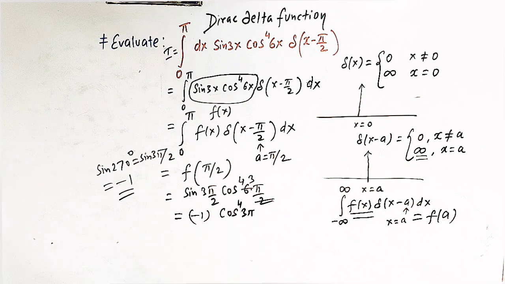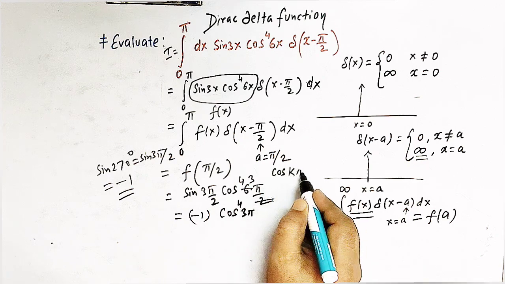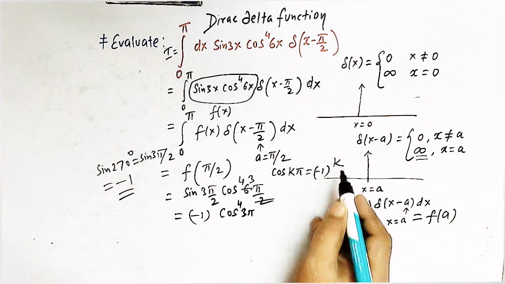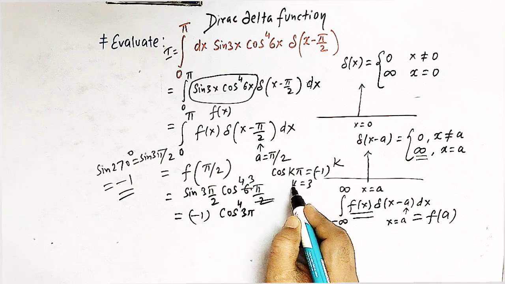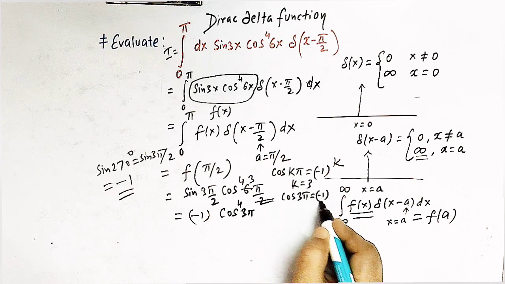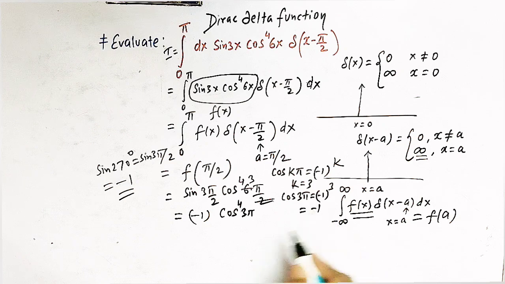Now see, from trigonometry we know that cos of k pi is equal to minus 1 raised to k. So here k is 3. So we have the value of cos 3 pi as minus 1 raised to 3. Minus 1 raised to 3 is minus 1.